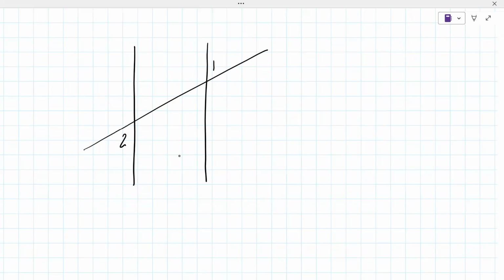Is that exterior? They're alternate interior angles. Nice. Are they congruent or do they add up to something? Congruent. They're congruent. Yeah. Now, if this was on your test, you should rotate your paper to make it look the way you want, which is them going horizontally. Don't rotate your head. Just rotate your paper, make it look right to you.